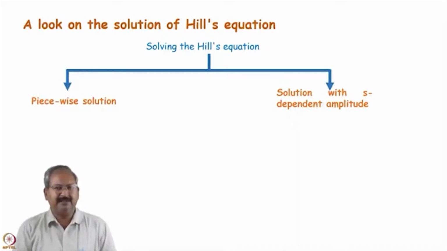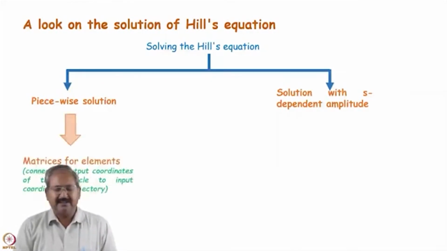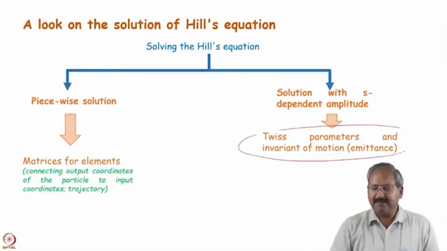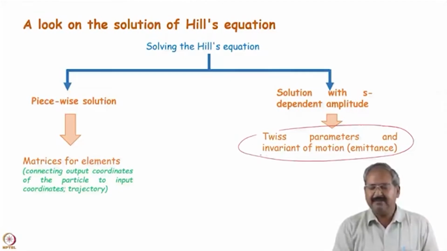Means we broke the equation into smaller segments, and in each segment we solve the equation. And the second and more elegant way was to introduce the solution using some optical parameters, the twist parameters. And when we obtained the solution by this method, we got the invariant of motion, namely the emittance.